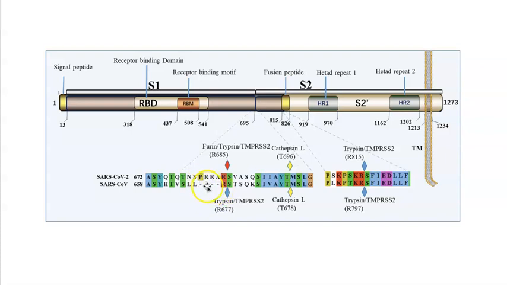This P, R, R, A, and then the R is in common, but these other arginines, which become really important in Furin cleavage, are not present in these other closely related viruses. That increases the efficiency with which this site is clipped so that the fusion peptide can be exposed and allow the virus to get in. The more R's that are here, the more likely the furin is to cleave this, and the more likely the virus is to get into cells.